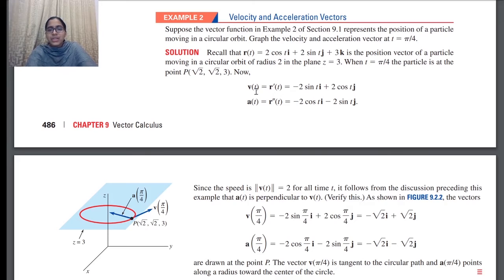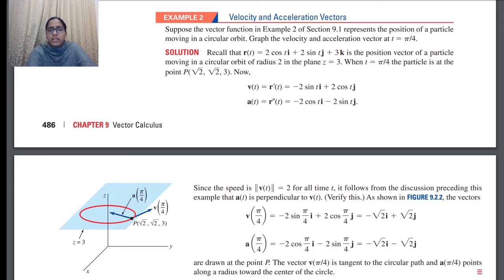Now we'll find the velocity vector, that is r dash of t, which will be minus 2 sin t i plus 2 cos t j, and the acceleration vector will be r double dash of t, which will be minus 2 cos t i, as the cos t derivative is minus sin t, minus 2 sin t j.